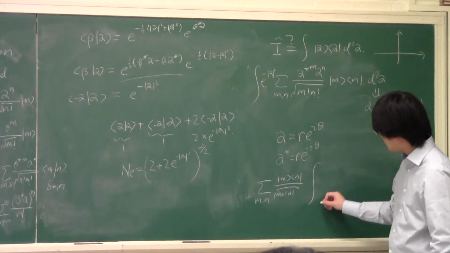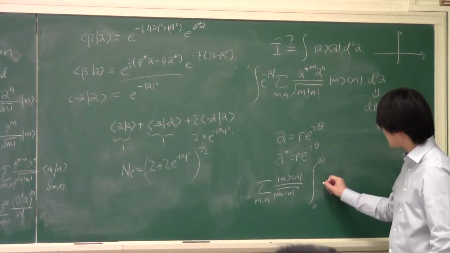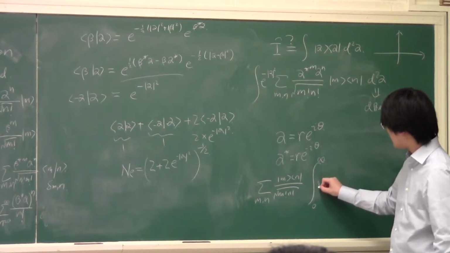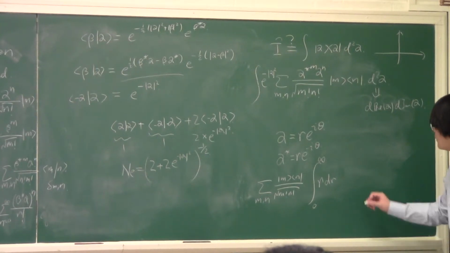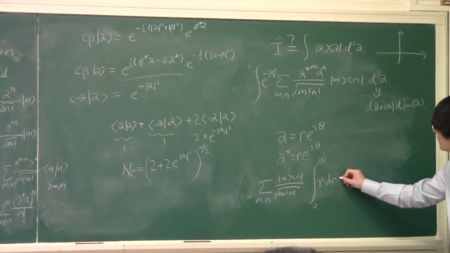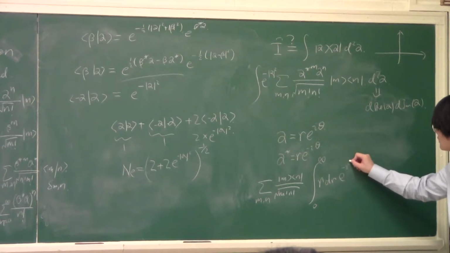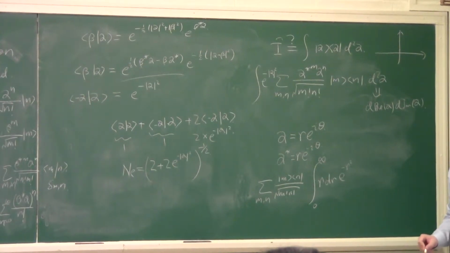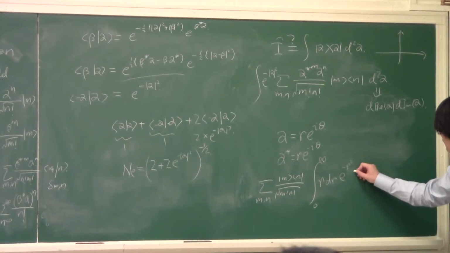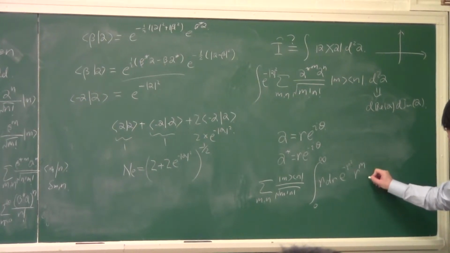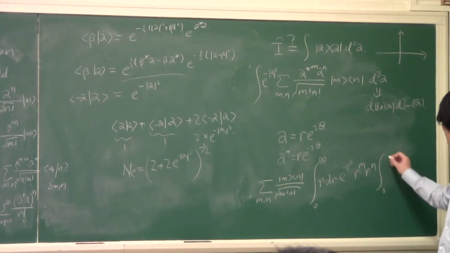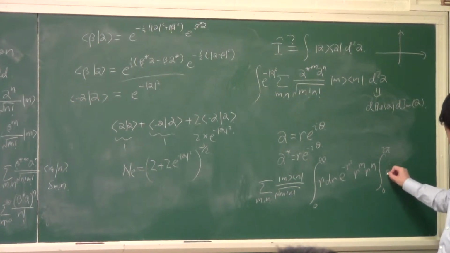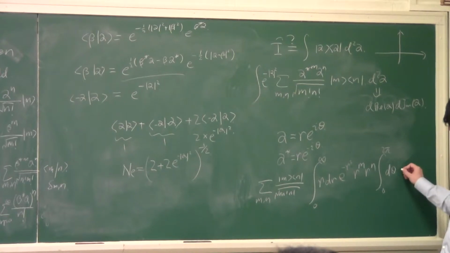So we have an integral over r, and you have this differential element r dr, and then we have e to the minus r squared coming from the e to the minus |alpha| squared thing. And then we have r to the m, r to the n, and then an angular integral d theta.